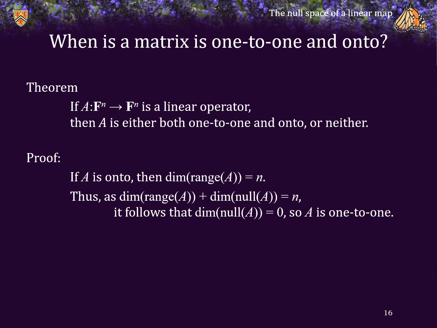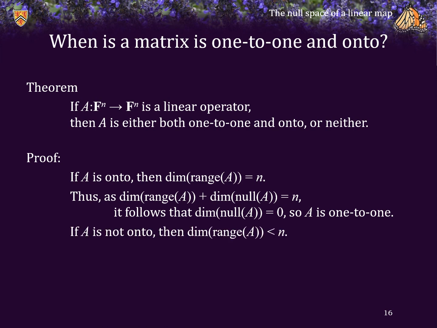Thus, as the dimension of the range of A plus the dimension of the null space of A is equal to n, this means that the dimension of the null space must be 0, so the null space is only the set containing the 0 vector, and so A is one-to-one.